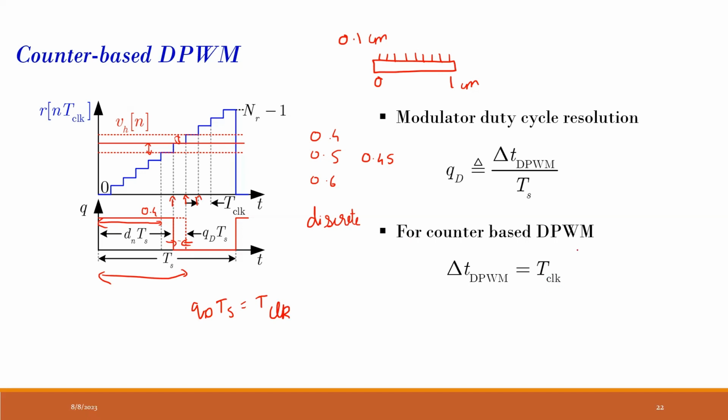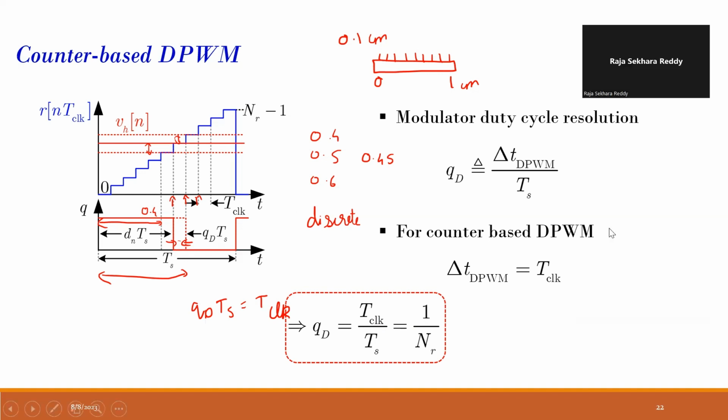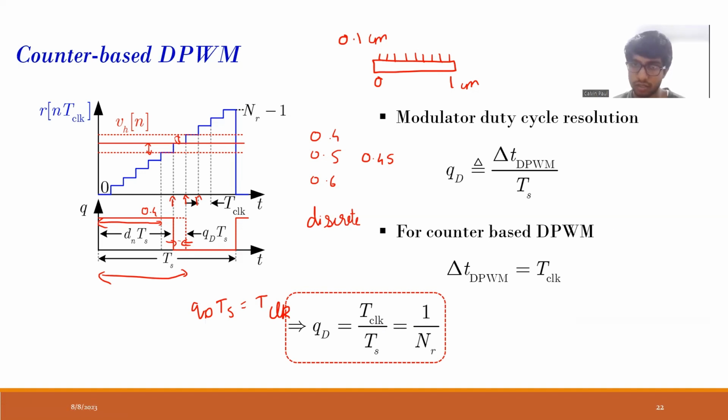The change in the PWM is equal to the T clock, and my effective modulator duty cycle resolution is equal to T clock upon TS, which is equal to 1 upon NR. So this is how we generate the duty cycle resolution. It's determined by this counter-based DPWM.